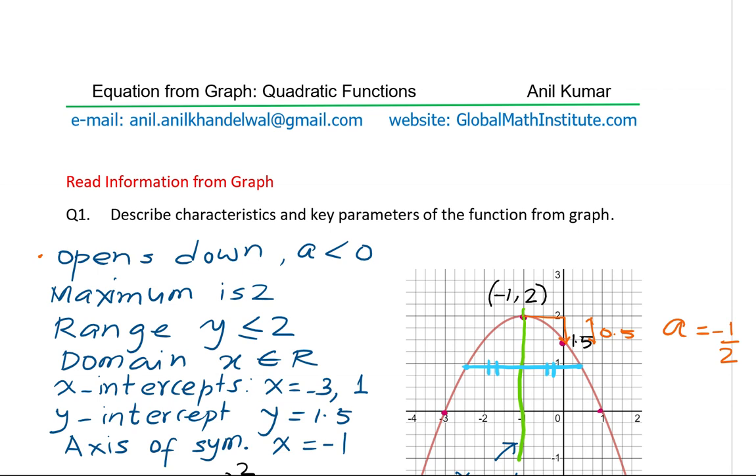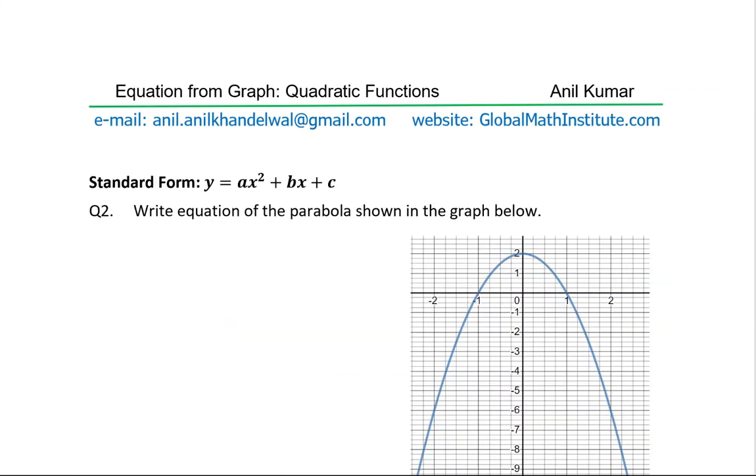So that becomes the equation of this particular graph. As you can see, if we understand the characteristics, we can easily find the equation without many calculations. We'll explore this in detail in the coming portion of this video. So let's get to writing equations now.